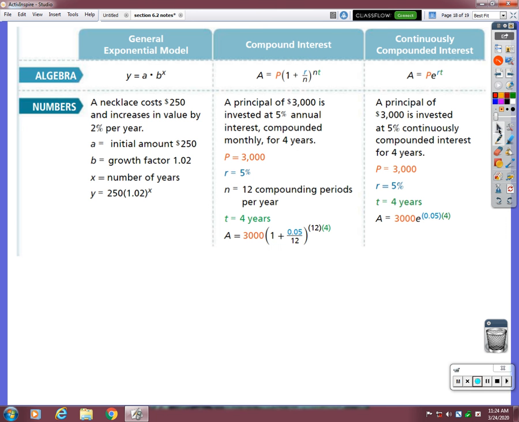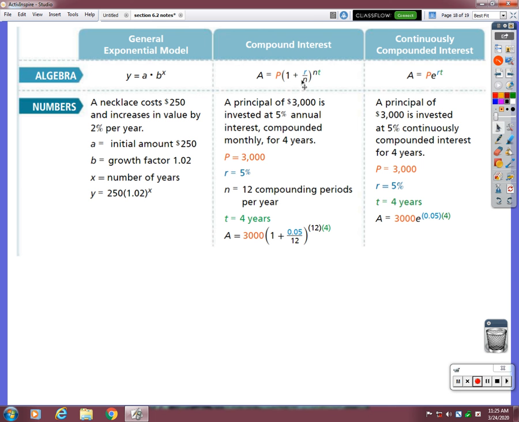So here's what we learned in this section: the general exponential model, y equals a times b to the x. a is what you're starting with, b is what you multiply by every time, and x is the number of years. Then how does this apply to compound interest?